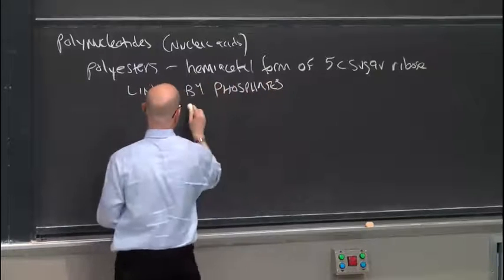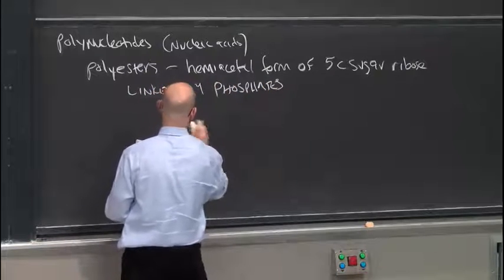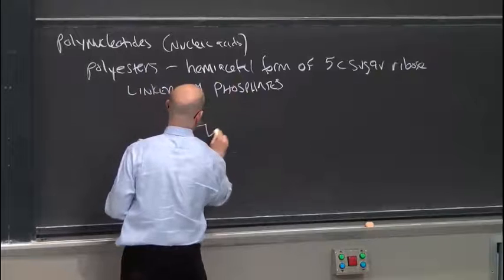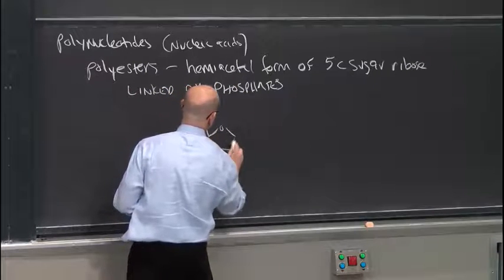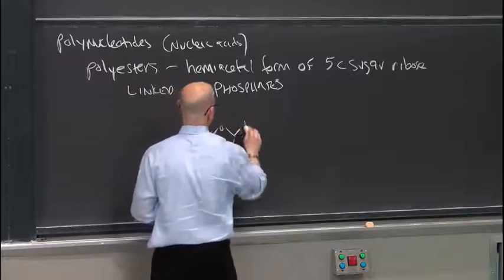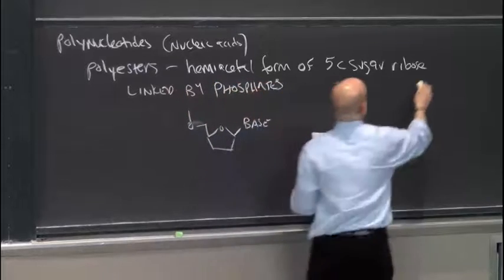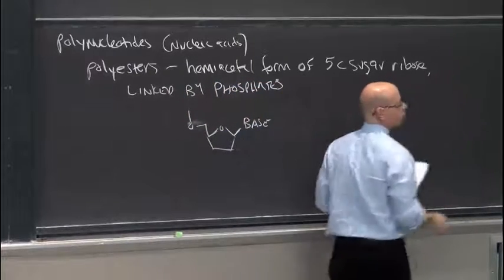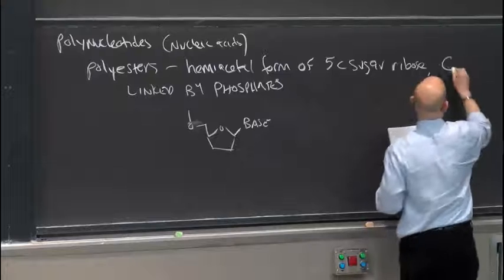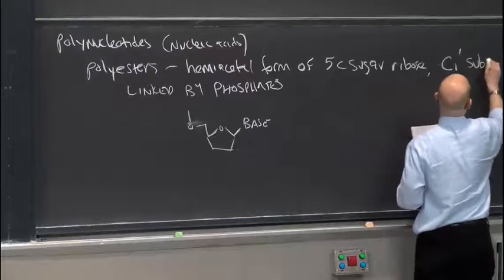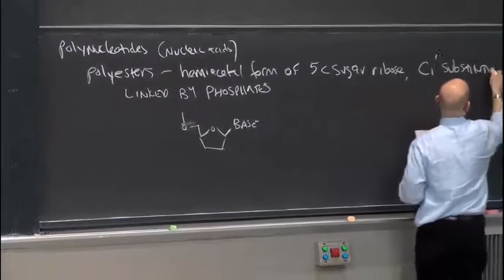And in this case, what we're talking about is a structure that looks like this. The base. And the 5-carbon sugar ribose has a C1 prime substitution. We will go through this in detail later in the semester.